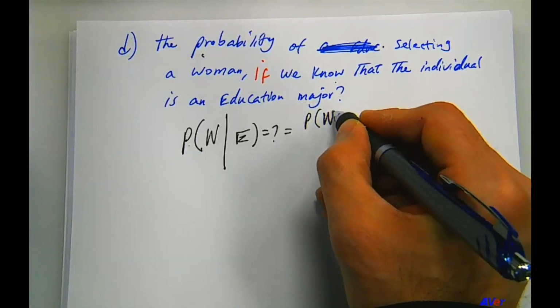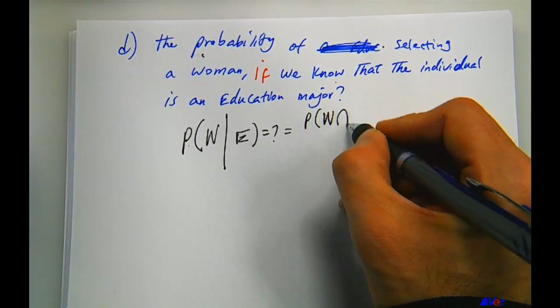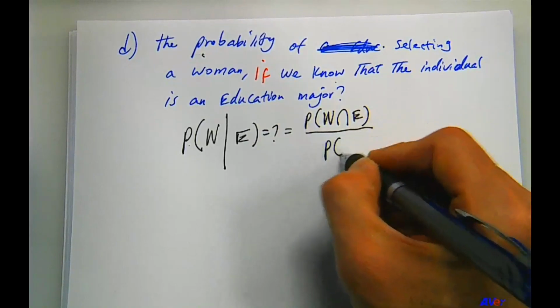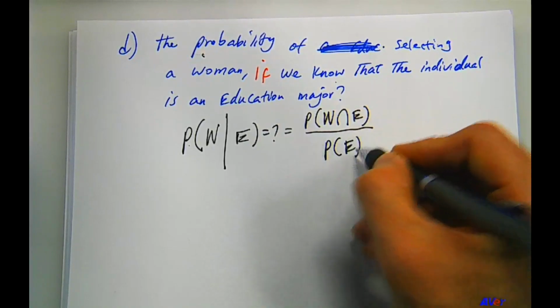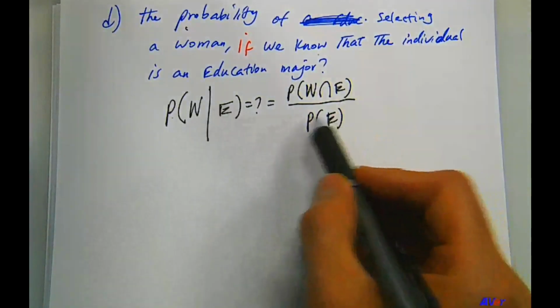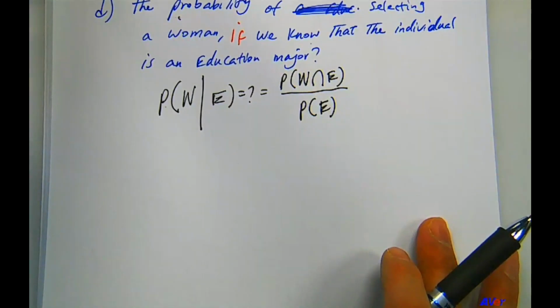That is the probability of selecting a woman who is also an education major divided by the probability of selecting an education major. This way of using the notation helps us set up the formula.